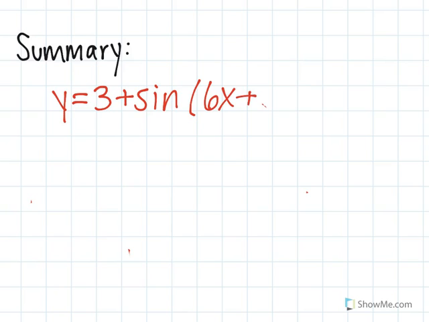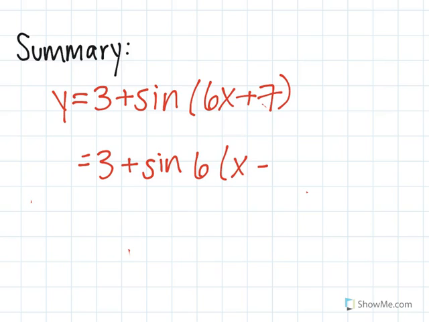Bearing that in mind, you're going to want to make sure that you're always rewriting your function. So if you have y equals 3 plus sine of 6x plus 7, you would rewrite that as 3 plus sine of 6x minus negative 7/6.